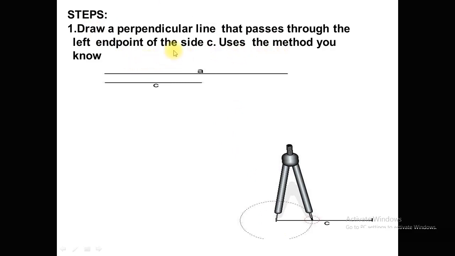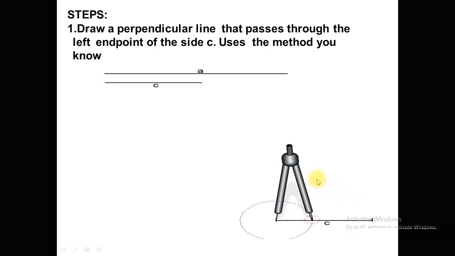Dear students, this sentence means that first of all you draw the base side and then construct an angle of 90 degrees at the left end point of side C. You may also construct the perpendicular bisector at this end point.